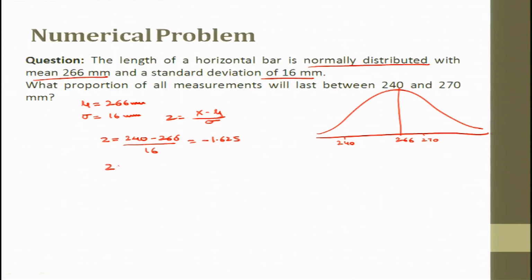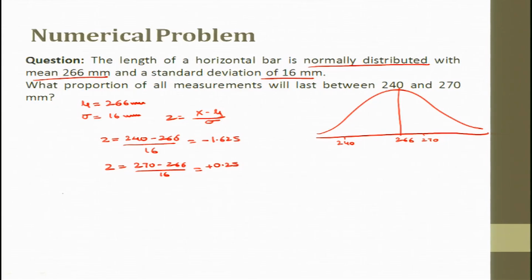And for value of z for 270, it is 270 minus 266 by 16, 4 by 16 is 0.25. Okay, this is plus.